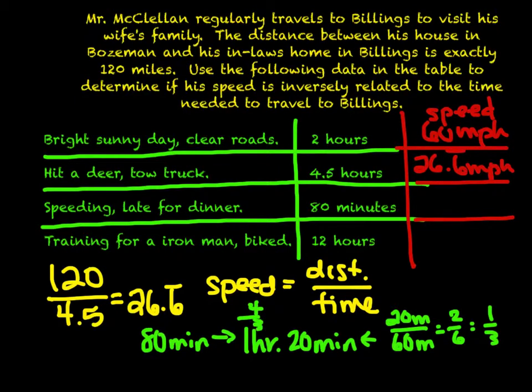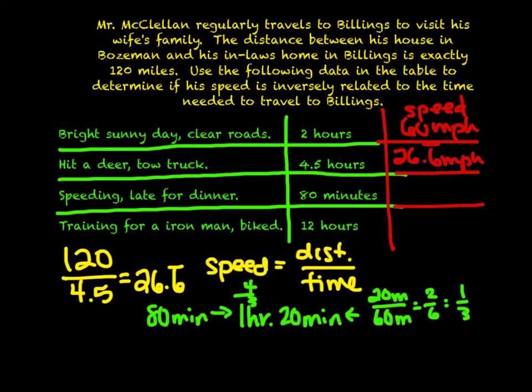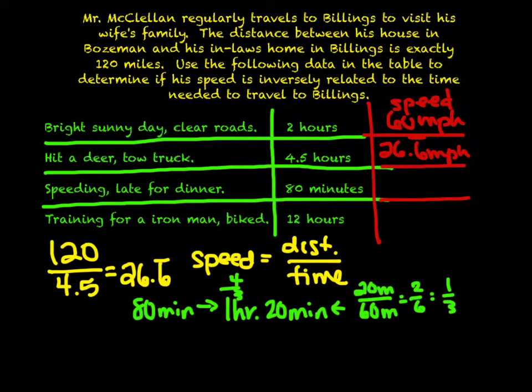So let's do a little bit of math now. Let's use that fraction that we just developed, and do 120 divided by 1.3 hours. And if we do that, we get 90 miles per hour. Mr. McClellan, you need to slow down, slow the roll, man. 90 miles per hour.